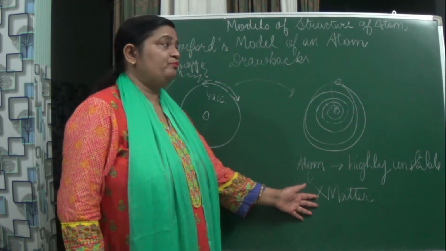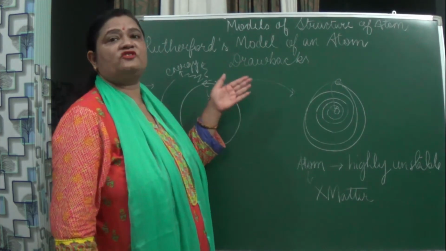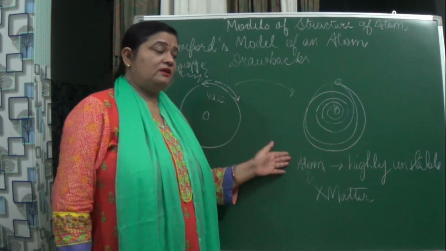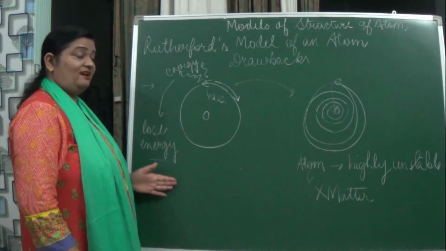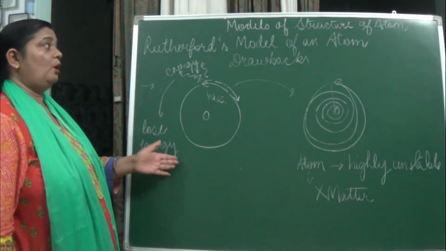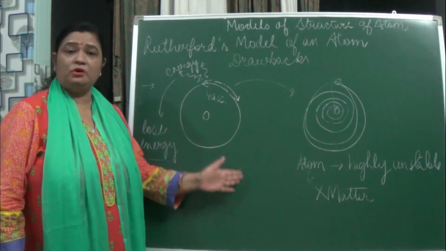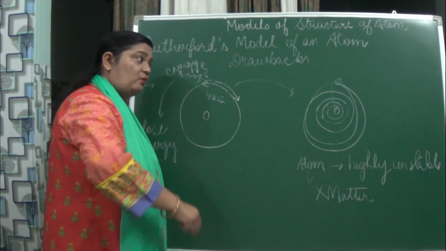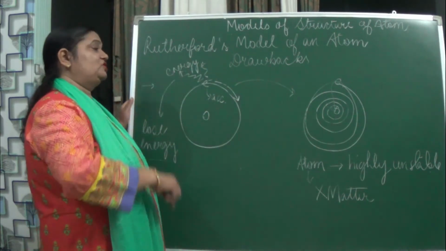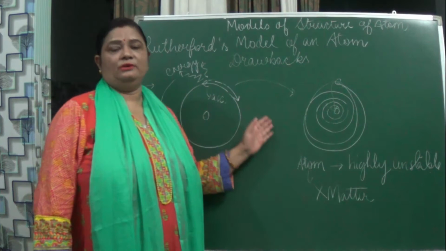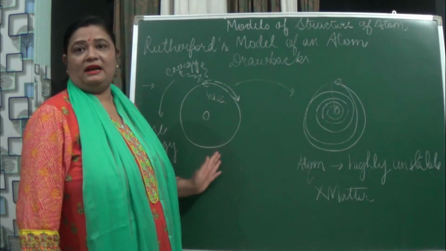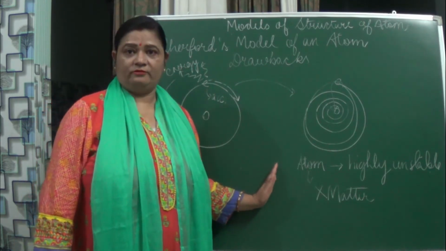Okay, so his model of the structure of the atom was not correct, or this is the limitation of Rutherford, because he could not explain why the electrons are revolving and why they do not fall into the nucleus. There lies the drawback of Rutherford.